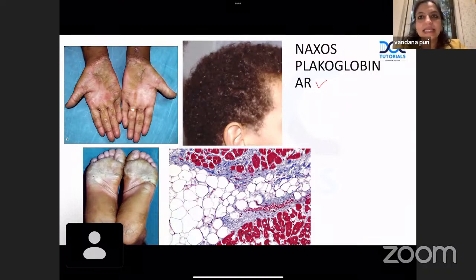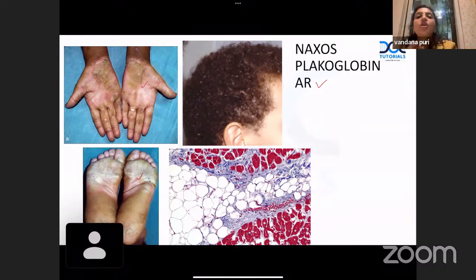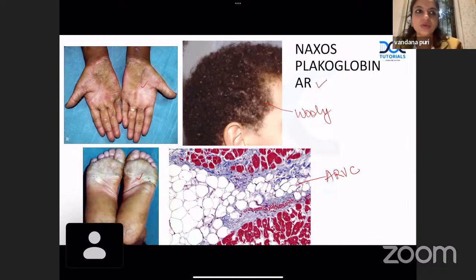In Naxos syndrome, there is palmar and plantar hyperkeratosis, so skin, along with woolly hair, and along with ARVC, you see fat infiltration in the right ventricle. So this syndrome is very typically called Naxos syndrome, and there should be no doubt in this.